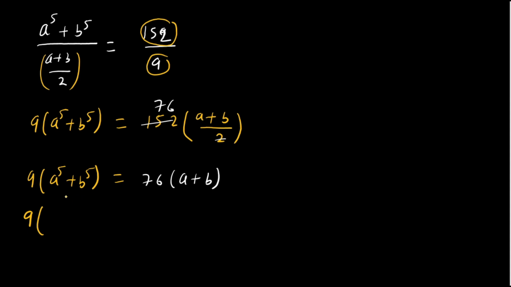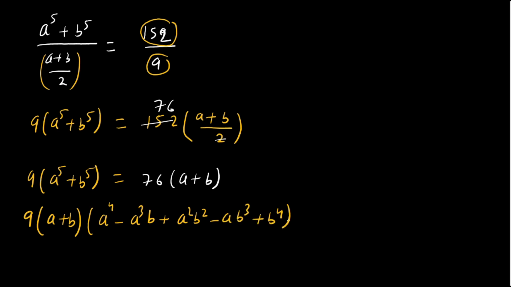We know the algebraic identity for a⁵+b⁵ is (a+b) times (a⁴ − a³b + a²b² − ab³ + b⁴). So this is equal to 76 times (a+b).